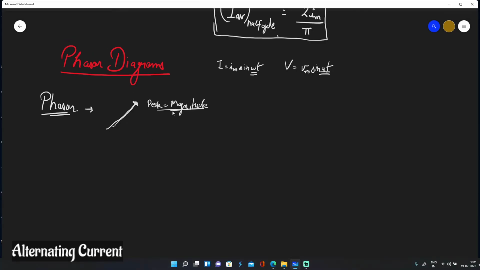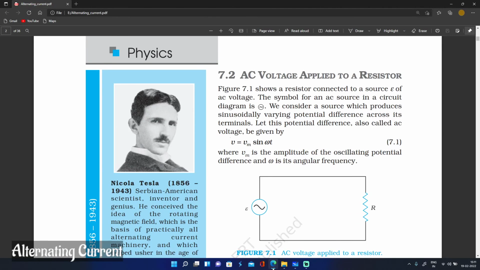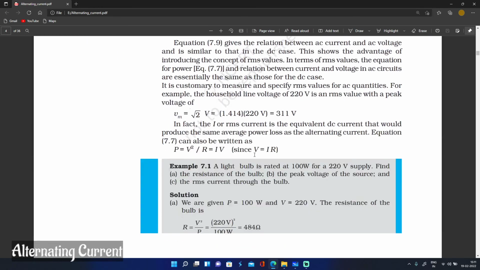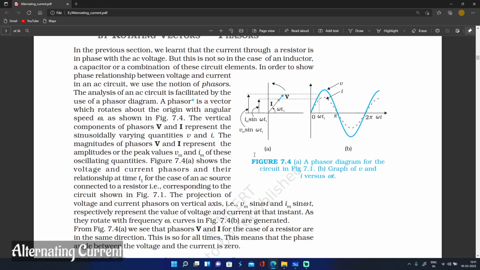So let us go by the definition of your text, as described in the textbook. He says that a phasor is a vector which rotates about the origin with angular speed omega. Let me explain what he means by this.